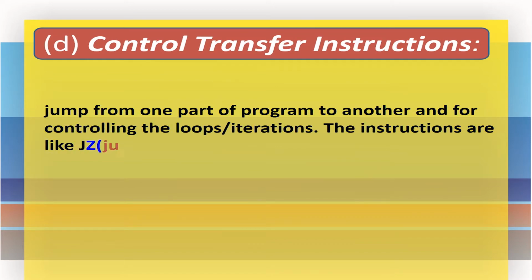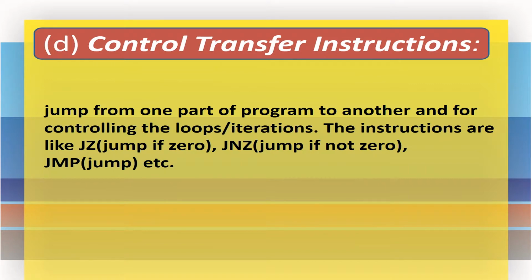D. Control transfer instructions, to jump from one part of the program to another and for controlling the loops or iterations. The instructions are like JZ, jump if 0; JNZ, jump if not 0; JMP, jump; and many more.